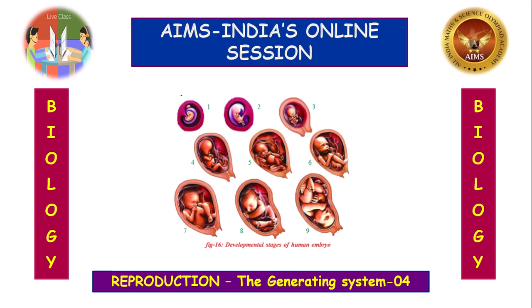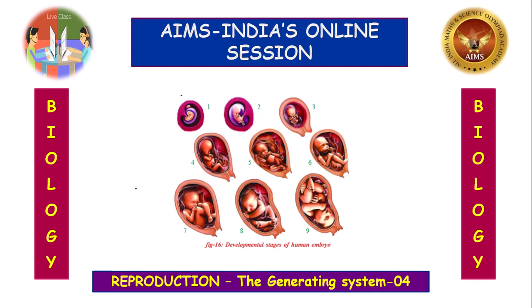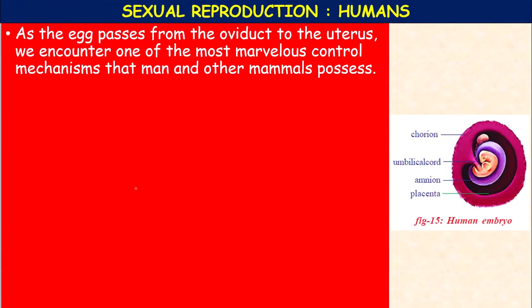Let us proceed further in today's class. The development stages. From the ovary to the uterus, we encounter one of the most marvelous control mechanisms that man and other mammals possess.